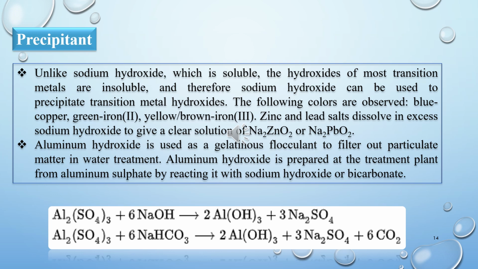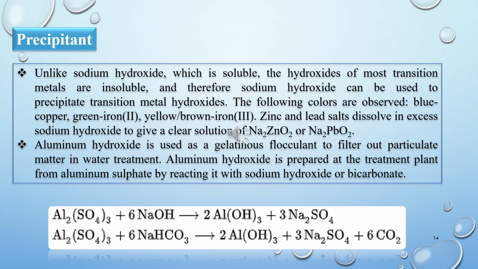What it means is that, unlike sodium hydroxide, most transition metal hydroxides are insoluble, and sodium hydroxide is soluble. Now, sodium hydroxide can be used to precipitate transition metal hydroxides. When they are precipitated, different colors will be obtained.